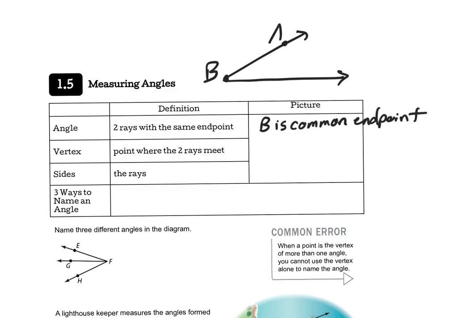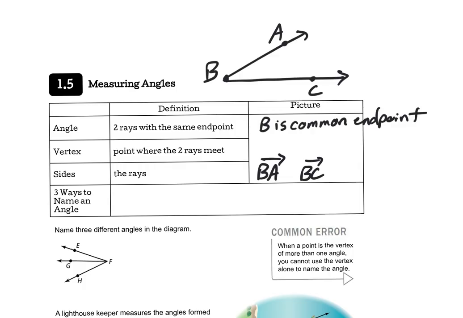And my two sides would be ray BA and ray BC. So that goes back to naming our different figures, in this case naming the ray. So ray BA and ray BC.